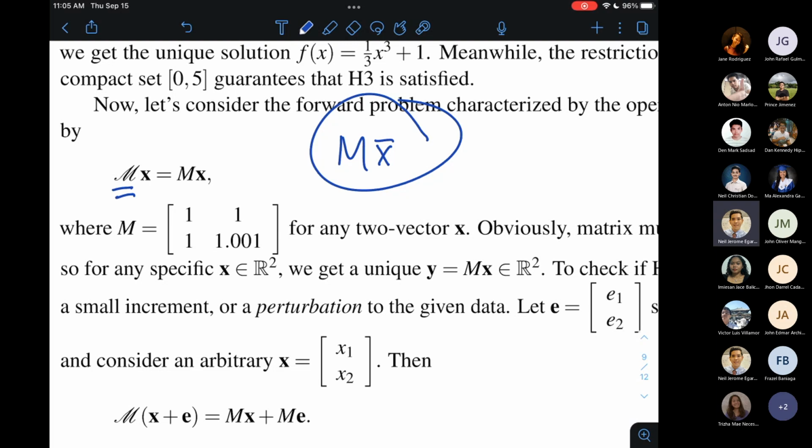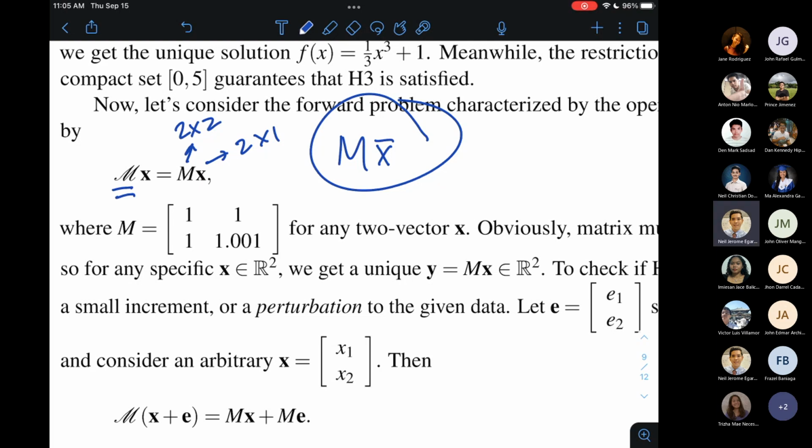Unique yung may nag-exist na product yung MX kasi si M ay 2x2, si X ay 2x1. So we get one answer, at least one answer to the matrix product. But we know there's only one way to do matrix multiplication, so we know that there is a unique solution to the matrix multiplication M times X. So that means H1 and H2 are satisfied.